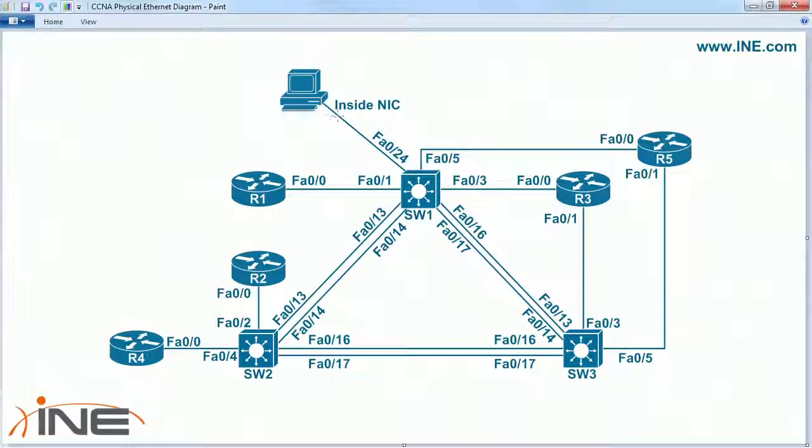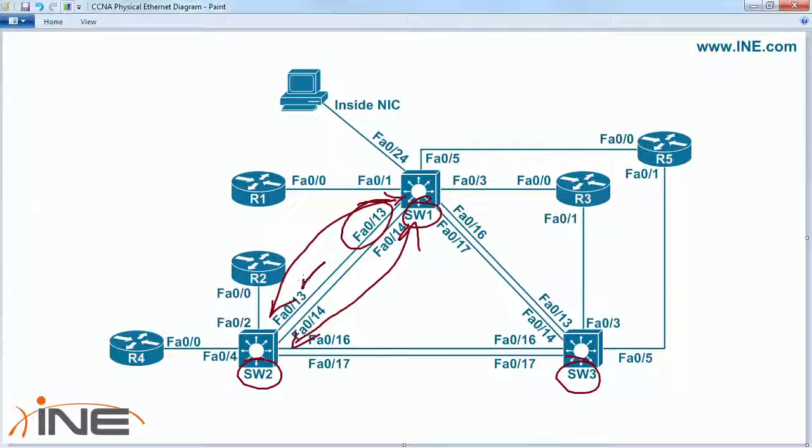So how are they actually physically wired together? I have switch 1, switch 2, and switch 3. They have these category 5 Ethernet cables plugged in together, where on switch 1, I have port FastEthernet 0/13 that connects to the other side on FastEthernet 0/13.